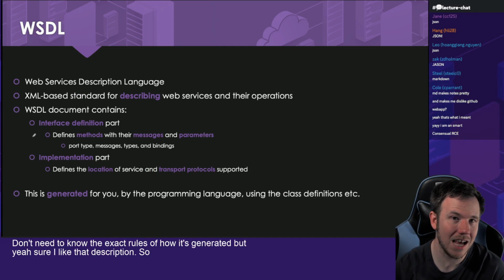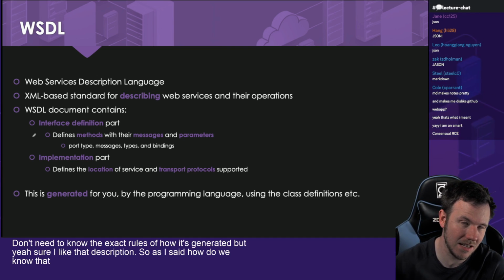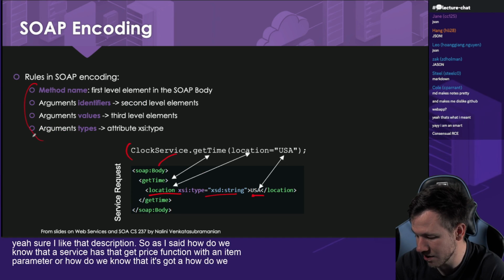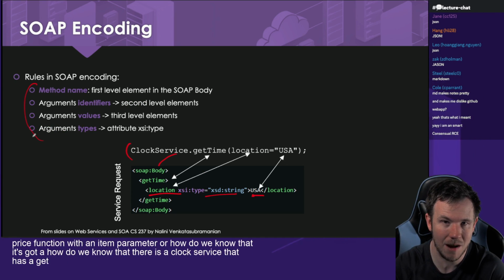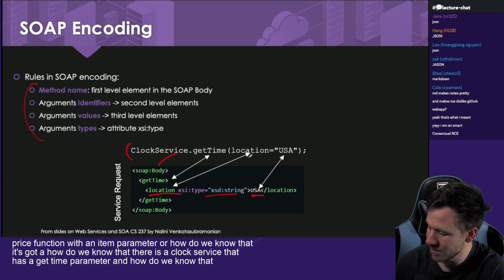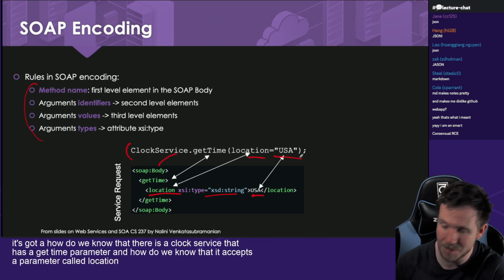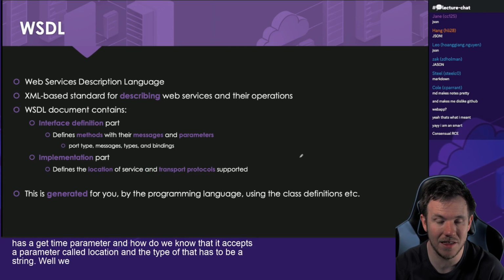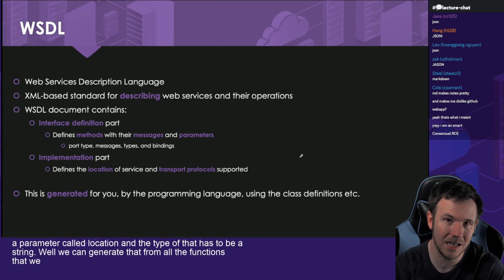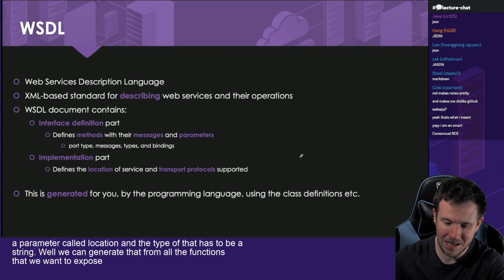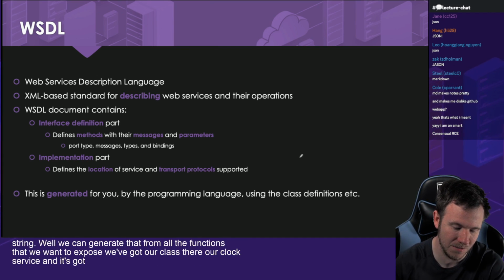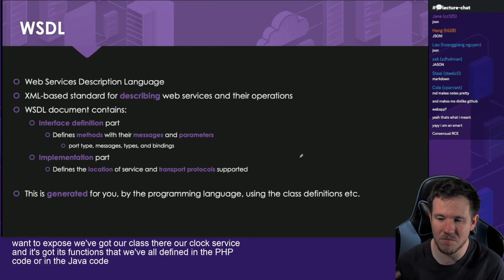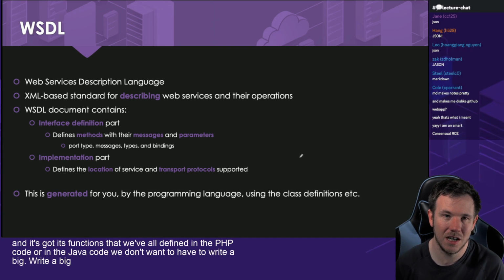So, as I said, how do we know that a service has that getPrice function with an item parameter? Or how do we know that there is a clock service that has a getTime function, and that it accepts a parameter called location and that the type of that has to be a string? Well, we can generate that from all the functions that we want to expose. We've got our class there, our clock service, and it's got its functions that we've all defined in the PHP code or in the Java code. We don't want to have to write a big description for everyone else.